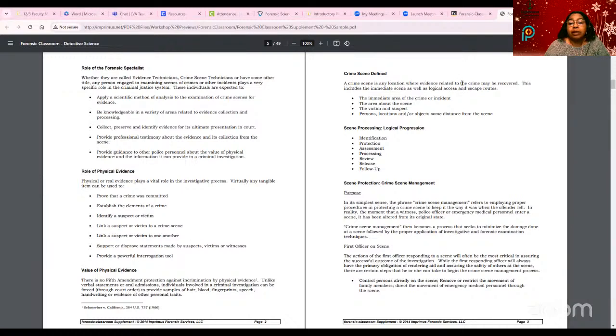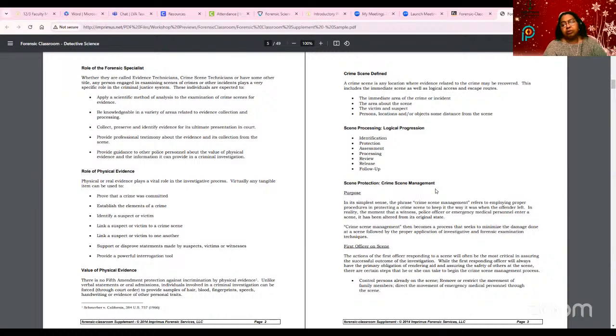All right, looking at our crime scene. And we talked about that earlier, about the primary scene and secondary scene. Okay. And then we kind of talked about all of this as well. Okay.